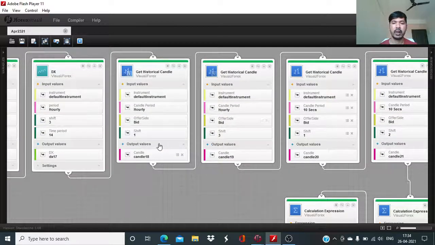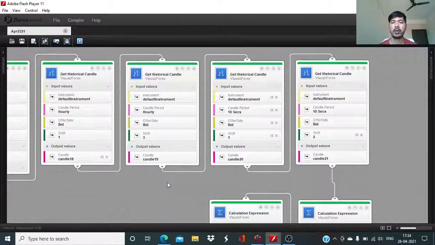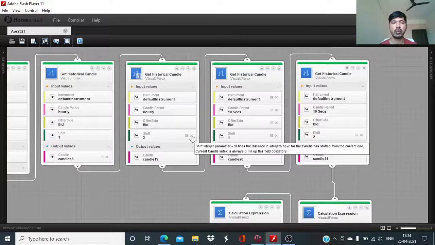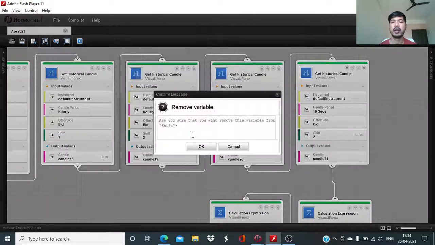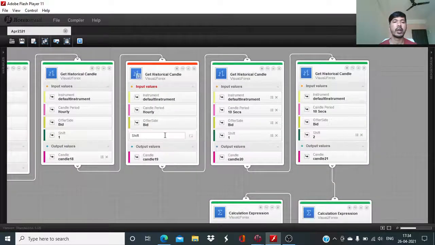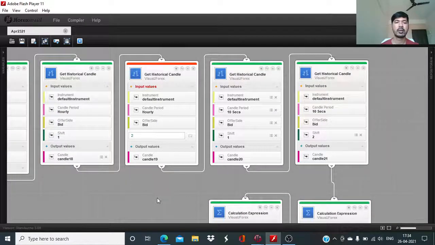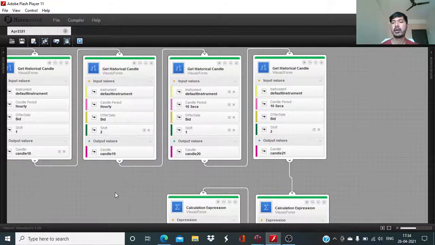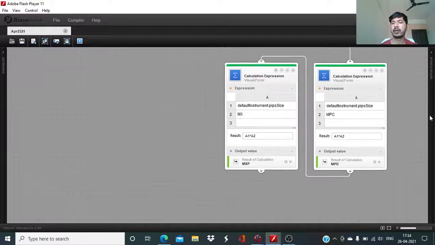I think I will have to change this look back period from 3 to 2 for carrying out the comparison between the opening and the closing value. So I will change this. Okay, and everything else will remain as it is.